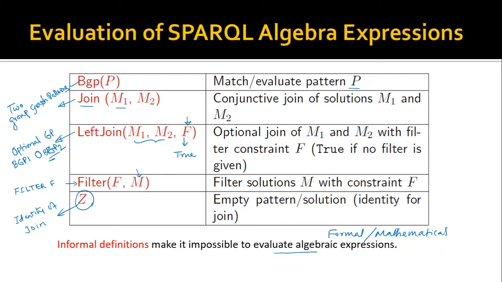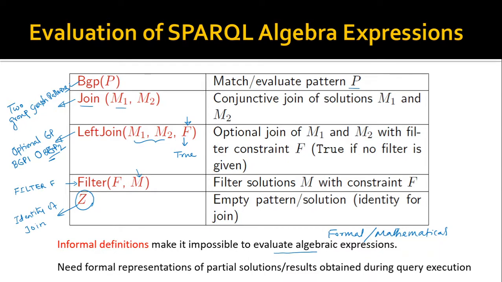If we have these mathematical definitions, then perhaps we can evaluate one algebraic expression properly and precisely. That is the kind of thing we'll be doing. Now, we are talking about the formal definition of the algebraic operators.